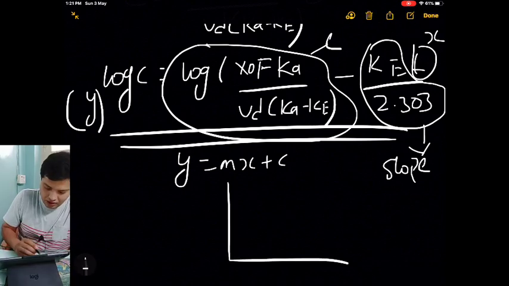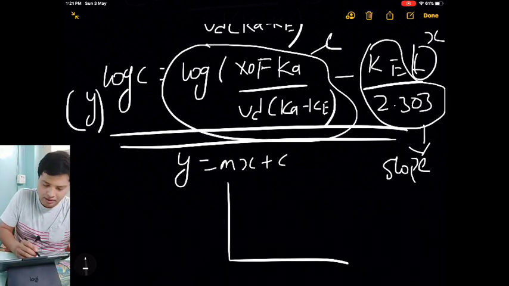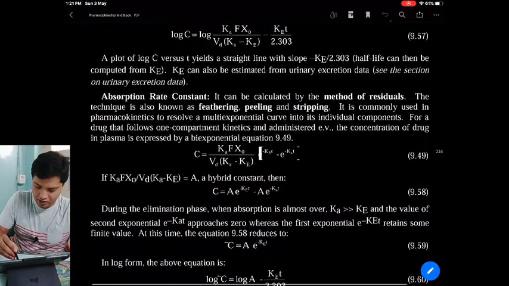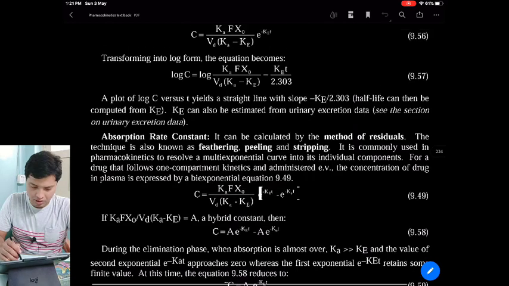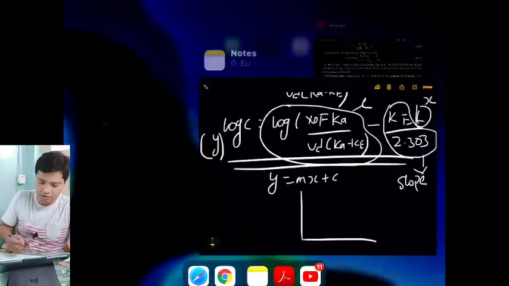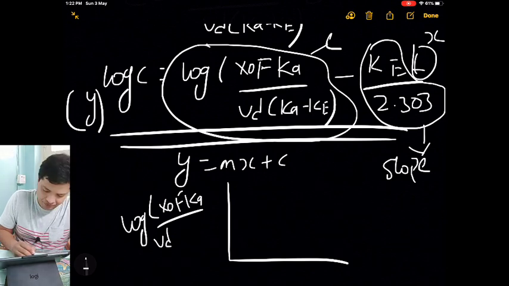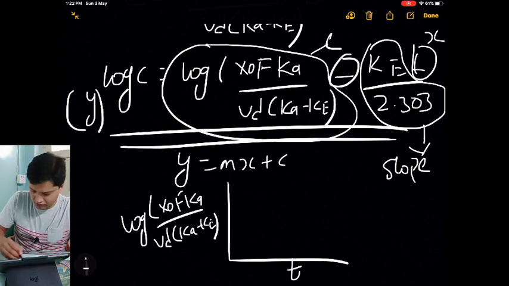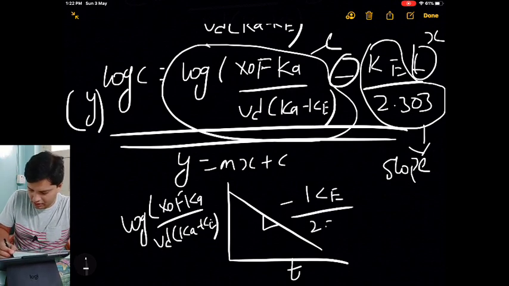I will take the whole constant part as A, the hybrid constant A. Time will be on the x-axis, and because we have a negative sign, the slope will be minus Ke divided by 2.303.